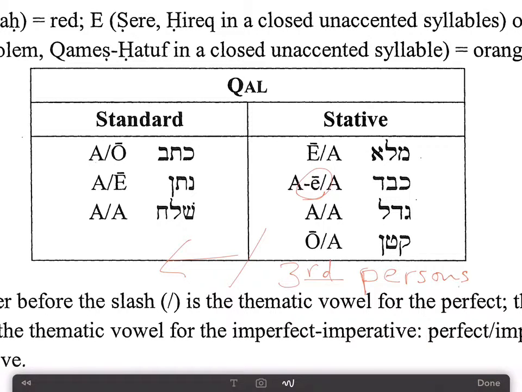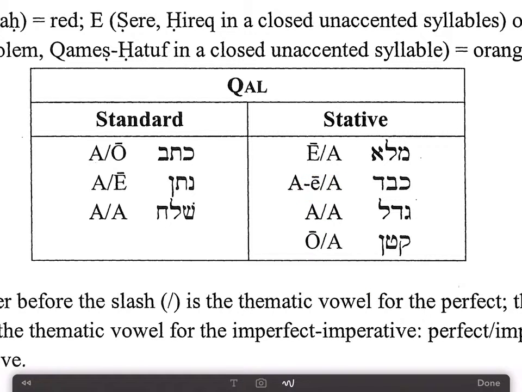The other third persons are the 3fs and the 3cp, both of which have vocalic endings. And so what happens is that lowercase third person theme vowel actually reduces. And so what appears to only apply to the 3ms is actually true of all third persons. And that's going to come into play down the road a little bit.